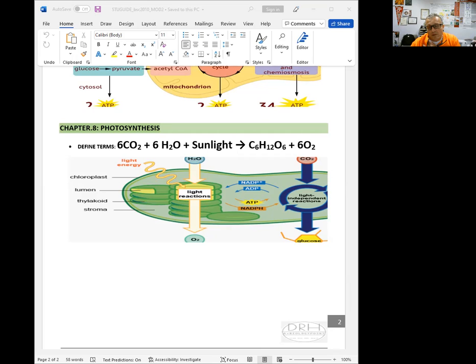Oxygen can leave the reactions and become available. The Calvin cycle is named after Dr. Melvin Calvin, a Nobel laureate who came up with this model.